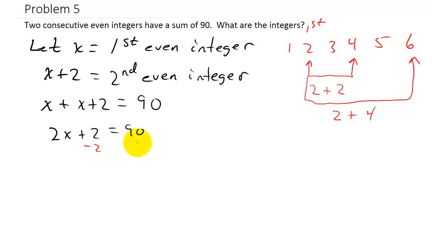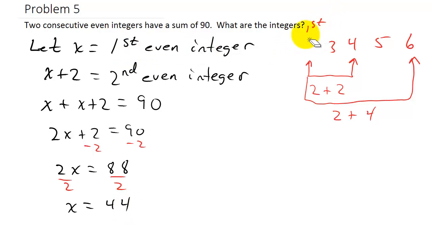Subtract 2 from both sides, so 2x equals 88. Divide both sides by 2, and I get x equals 44. So my first even integer is 44.